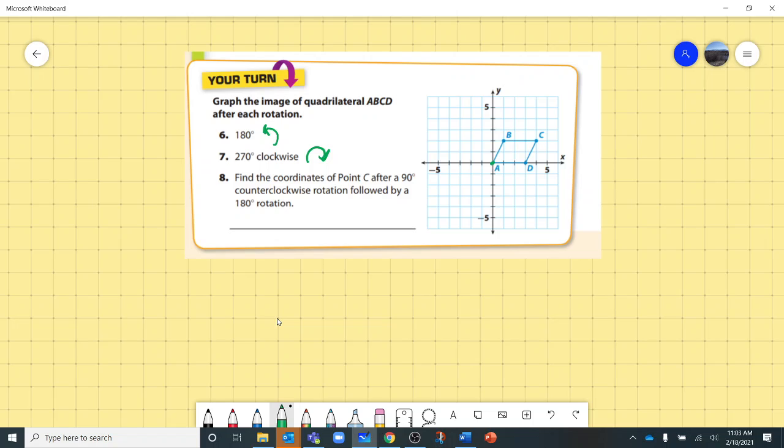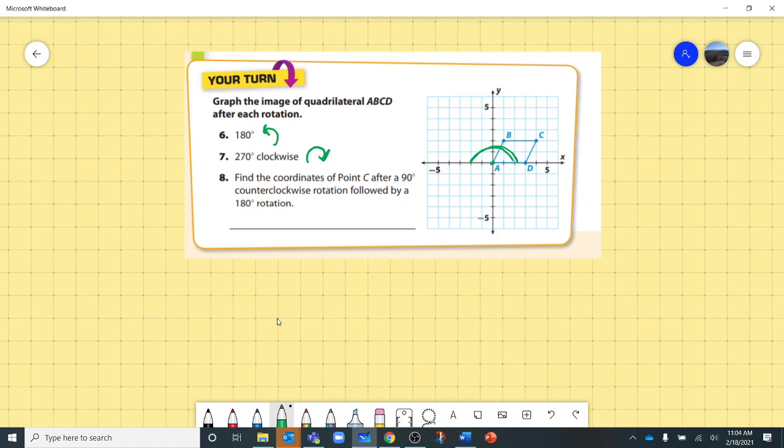Okay, so we're going to rotate ABCD 180 degrees to the left. Part of the reason this is going to be somewhat difficult is we didn't really get a chance to go over angles last year like we were supposed to. But 180 degrees is half of a circle, halfway around.